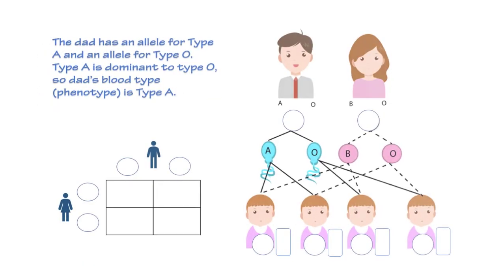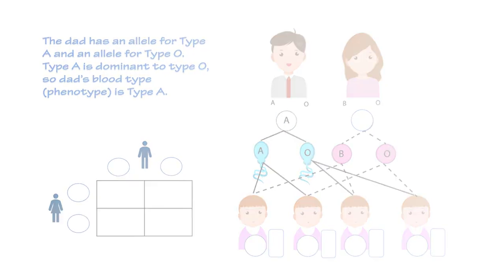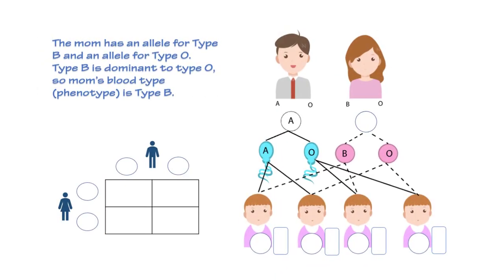The dad has an allele for type A and an allele for type O. Type A is dominant to type O, so dad's blood type, or phenotype, is type A. The mom has an allele for type B and an allele for type O. Type B is dominant to type O, so mom's blood type, or phenotype, is type B. Let's fill out our Punnett square.